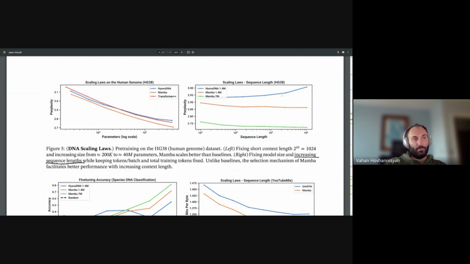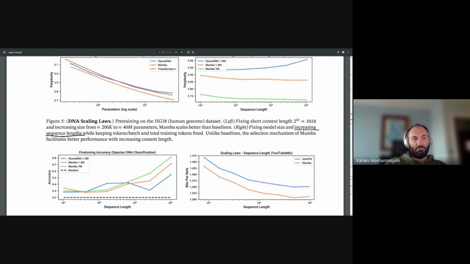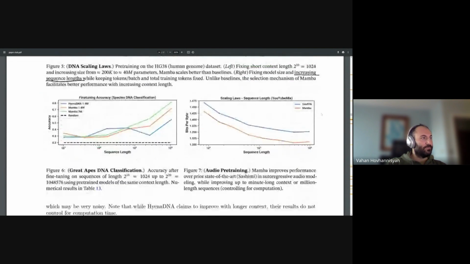Which is cool. Everything else, for example Hyena, even suffers from increased sequence lengths. Okay? So far, state of the art for this size of models. This is important. These are 3 billion parameter models.